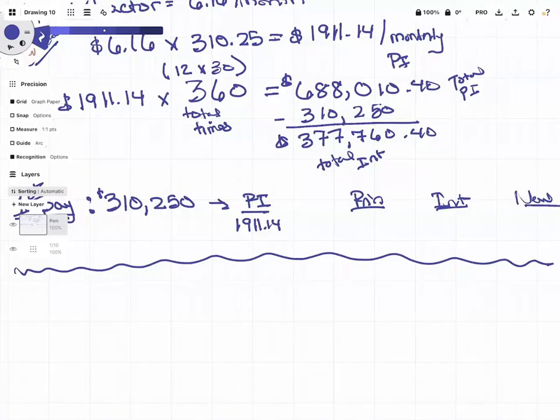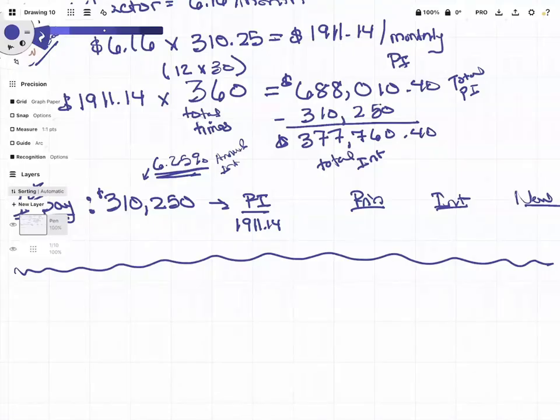Okay, hold on. You're good. Well, what do we know? We know our balance, and what is the annual interest rate? 6.25. So what can we find out? If we know the balance and we know the rate of interest, couldn't we find out the amount of annual interest?